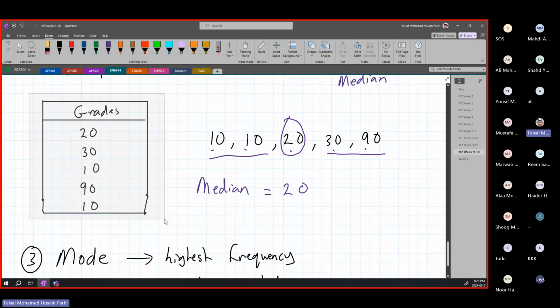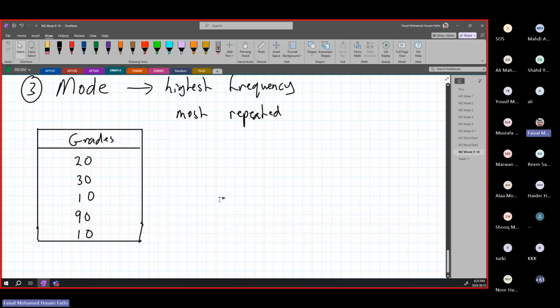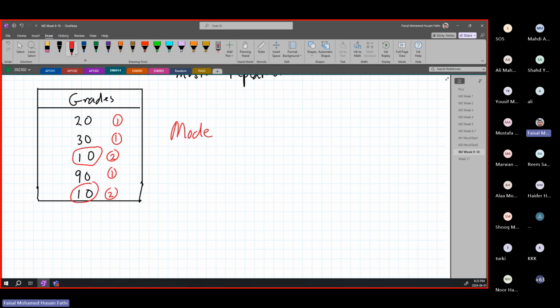If we're looking at the same example that we have over here, we have one person got 20, one person got 30, 2 people got 10, and one person got 90. So 10 is repeated twice. So the mode here is equal to 10. Okay? This is the mode because it is repeated 2 times.